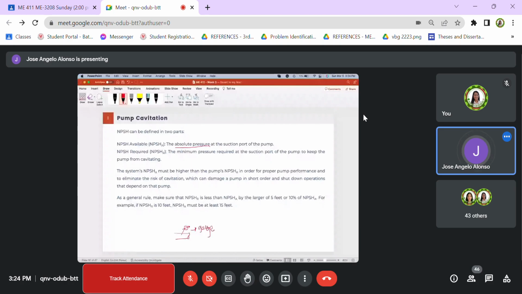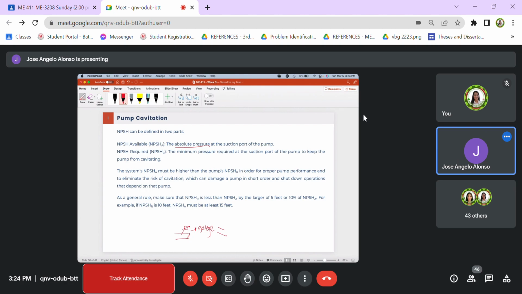So to make it an absolute pressure, kasi ni-require tayo dito na calculating net positive suction head available, kailangan natin siya is absolute pressure. We need to convert the value of gauge pressure that we get into absolute pressure. So paano nga i-convert si gauge pressure to absolute pressure? Mag-a-add po ng atmospheric pressure.